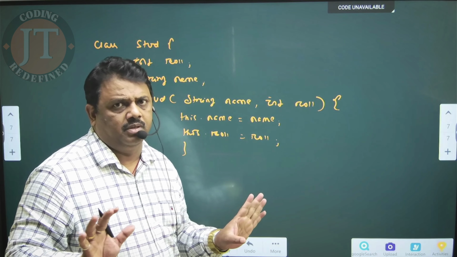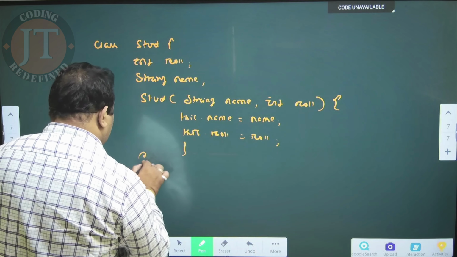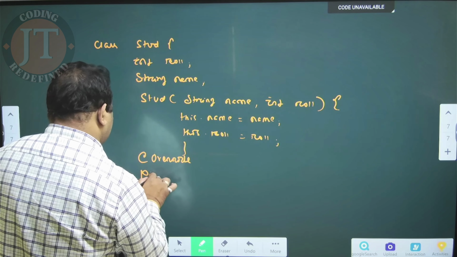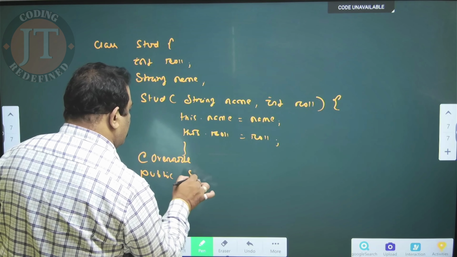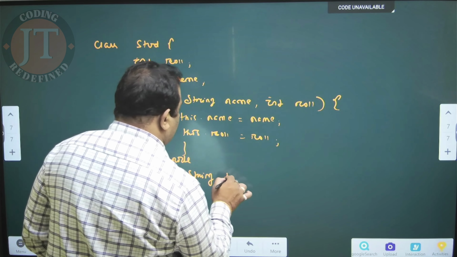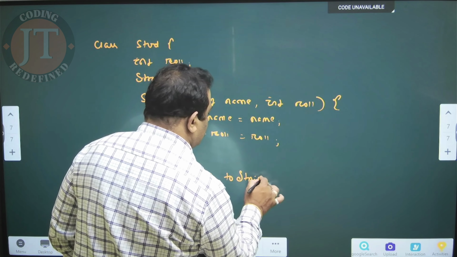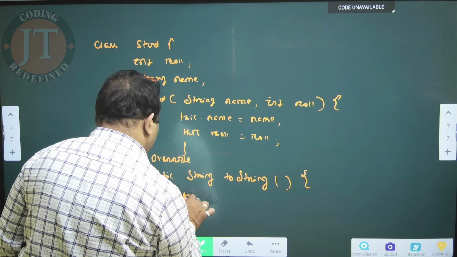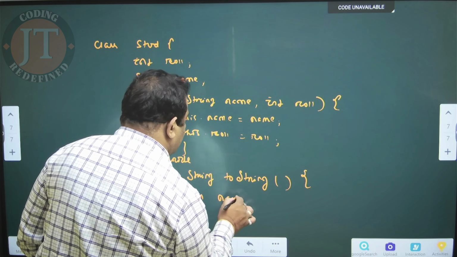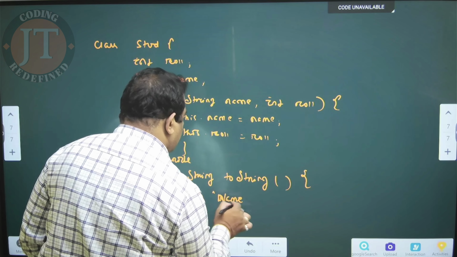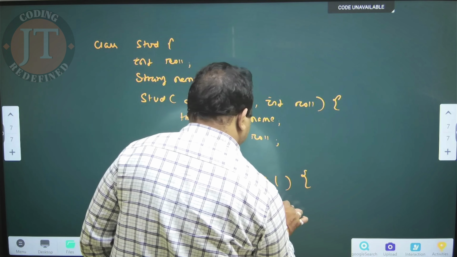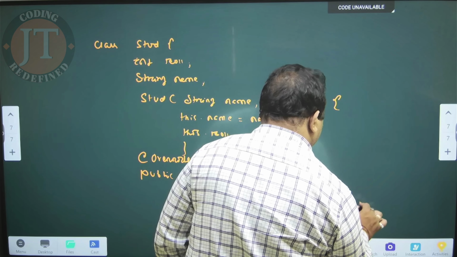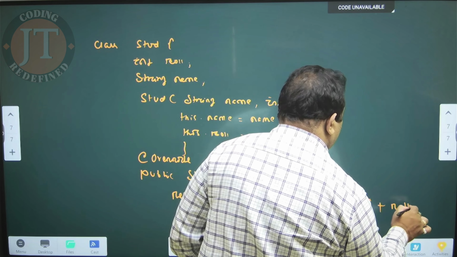It is not possible. I just do one more thing: @Override public String toString(), which returns "Name is" + name + "roll number is" + roll.